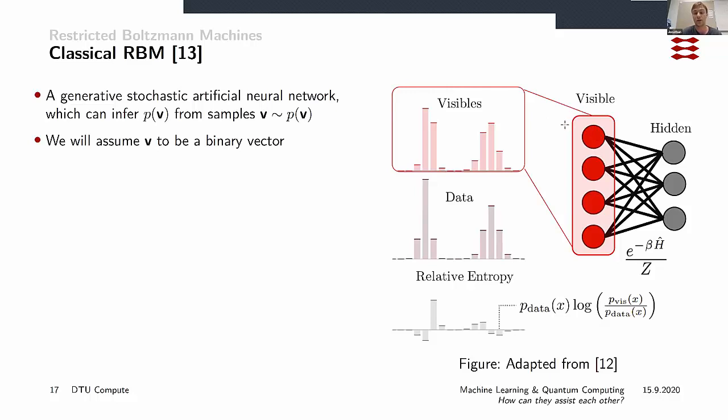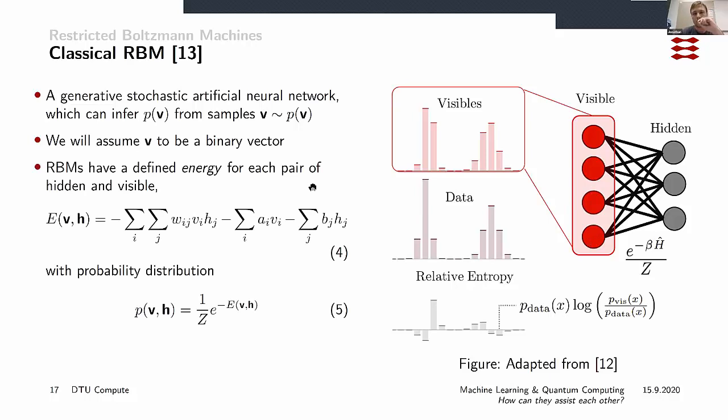To be more specific, we can get 2 to the 4th different data points, right? I can construct a bit string of 0s and 1s of length 4. I can do that in 2 to the 4th different ways. So we can imagine that all of these heights you see here are the probability of that data point occurring. And what we want our Boltzmann machine to learn is that probability distribution. How many times did 1, 1, 0, 1 occur, for example?